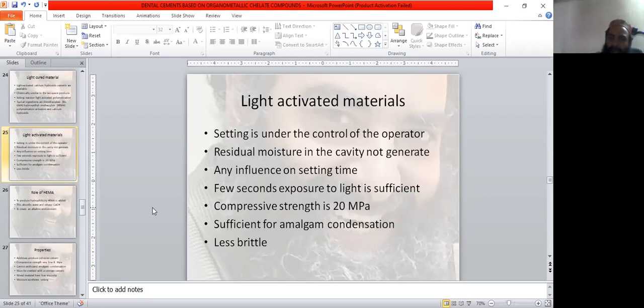Residual moisture in the cavity does not affect this type of material, or if present, it does not have any influence on setting time. A few seconds exposure to light is sufficient. Compressive strength is 20 megapascal, sufficient for amalgam condensation, and it is less brittle.